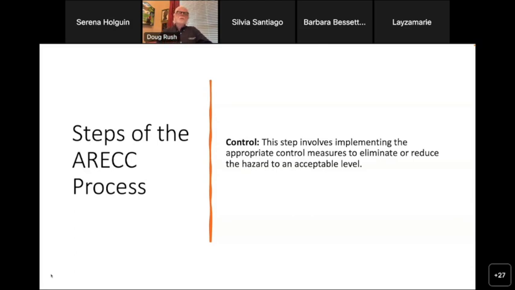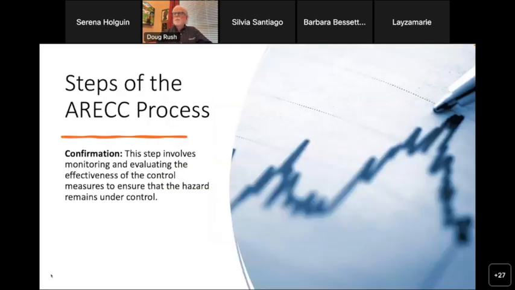Just all sorts of control measures that are out there. It could be administrative controls where you are swapping people in and out of a place to limit the exposure. It could even be PPE. So this step is pretty important in the process on the control. So you can kind of see, as we've gone through here, the steps in the process.